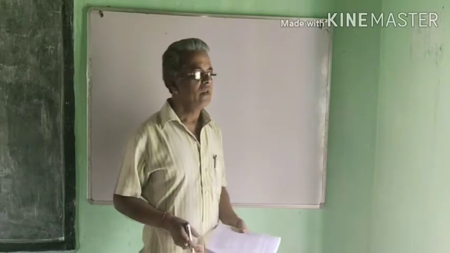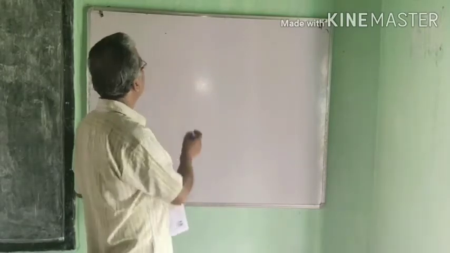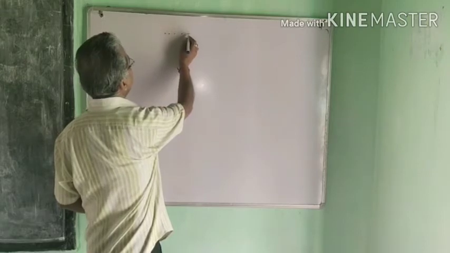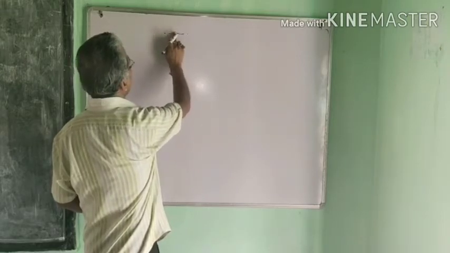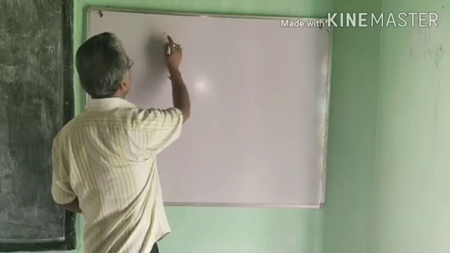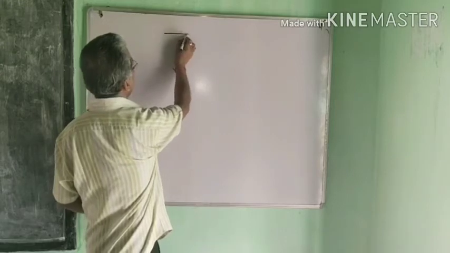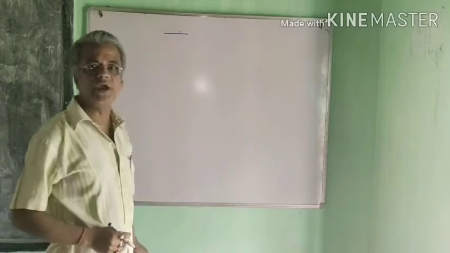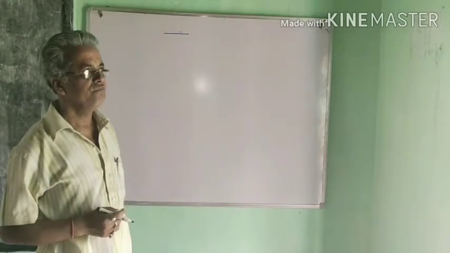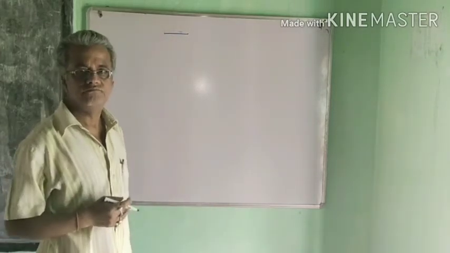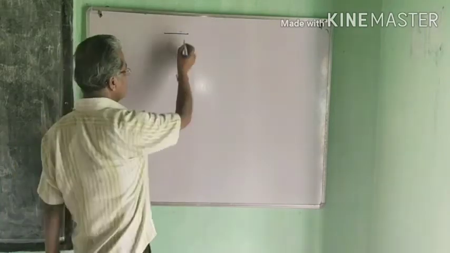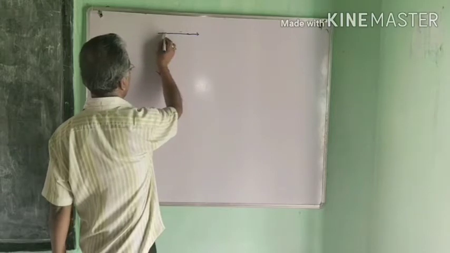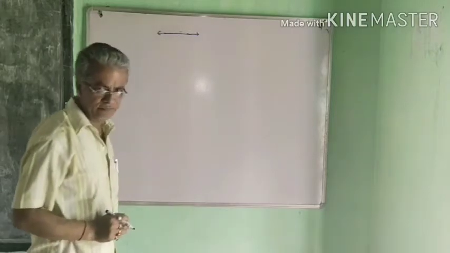Now, if we connect 2 points, then we get a line segment, not a line. Now, if we produce this line segment both ways, we get a straight line.